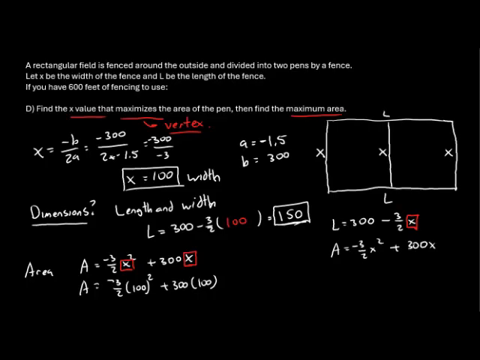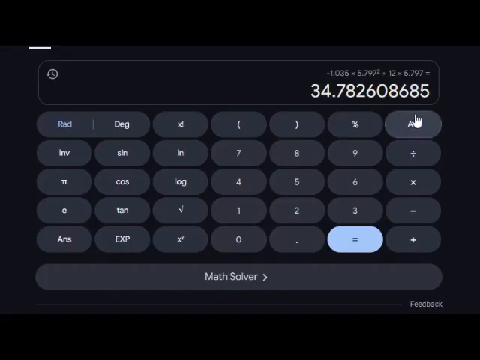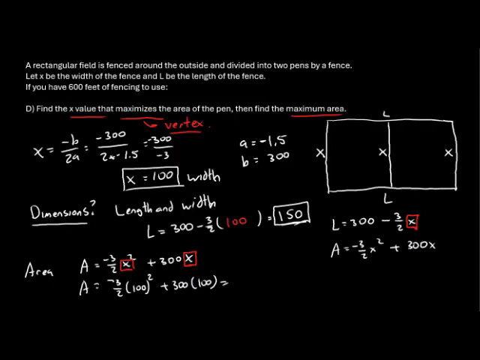We'll go to a calculator and do the math. We'll end up with 15,000. Therefore, we can say our width is 100 feet, our length is 150 feet, and our area is 15,000 square feet. These will be the maximum dimensions for this pen.